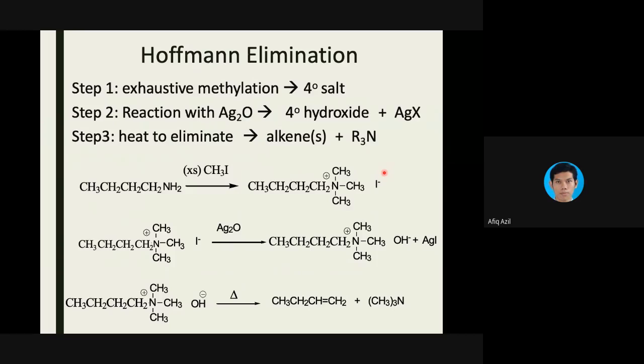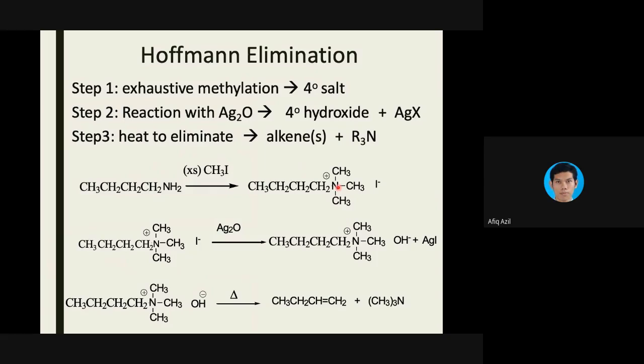The last one is an example of Hofmann elimination reaction. Okay, Hofmann elimination reaction. So the reaction basically has 3 steps. Okay, the first one is what we call exhaustive methylation, in which your amine will be converted into this quaternary salt.